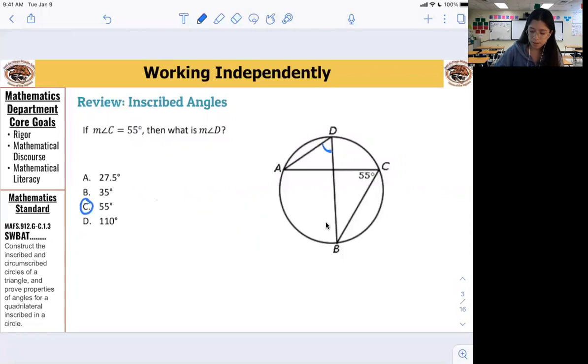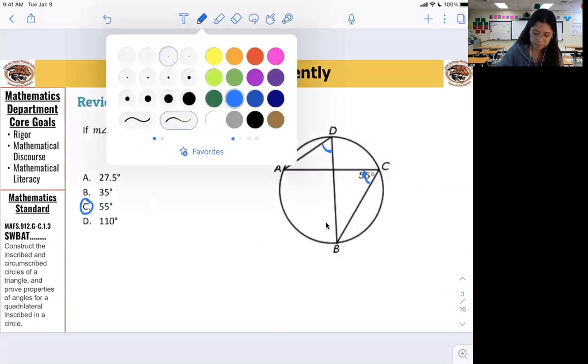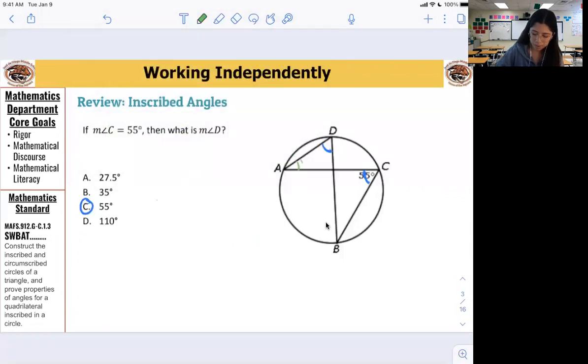So D and C are congruent. What else would be congruent, by the way? A and B would also be congruent because both of them are inscribed angles that meet up at the same place.